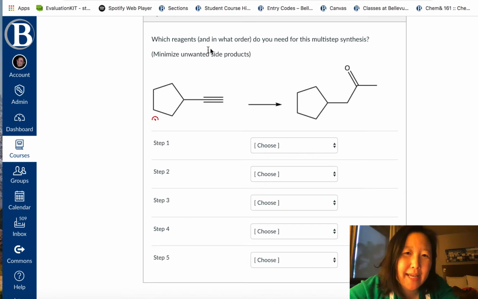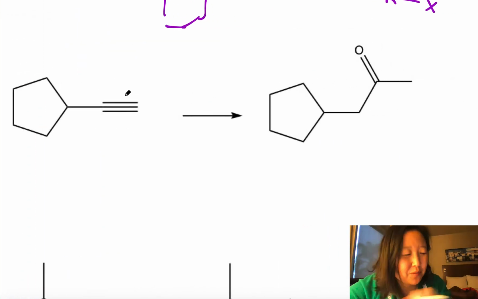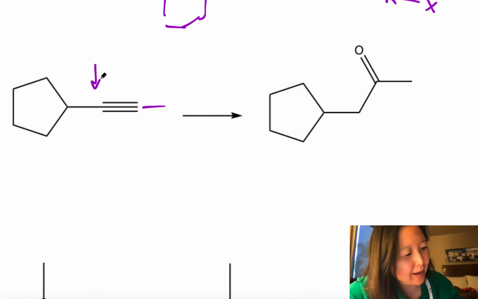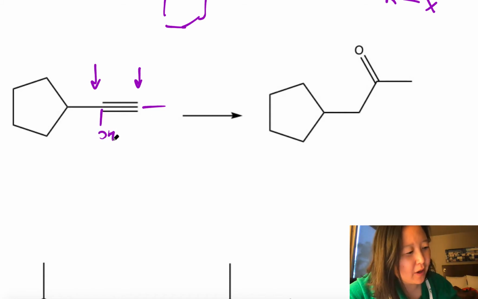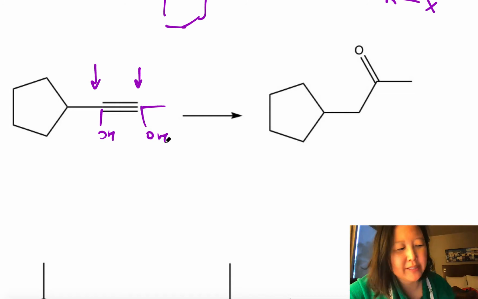Next reaction says minimize unwanted side products. So try not to get a reaction where maybe you have a carbon and now you have the same substitution here. It's secondary and secondary. So it's going to be really hard to control if the OH ends up there or an OH ends up here. You could end up with both products, right?